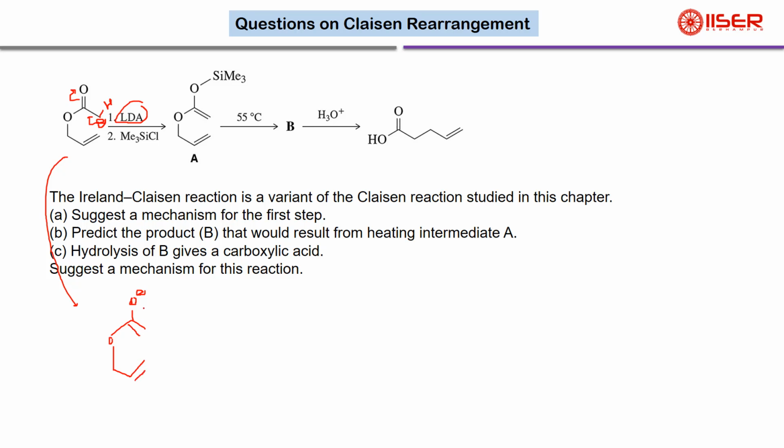In the next step, this O minus will attack this TMSCl, and this TMS group will be entered, forming this A. Then after that it undergoes a Claisen reaction.